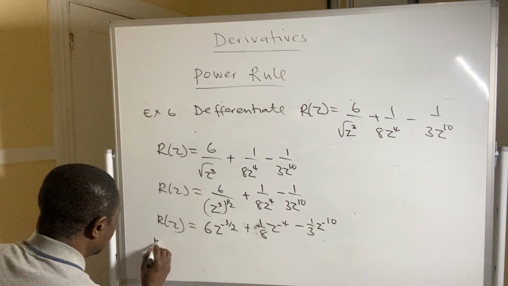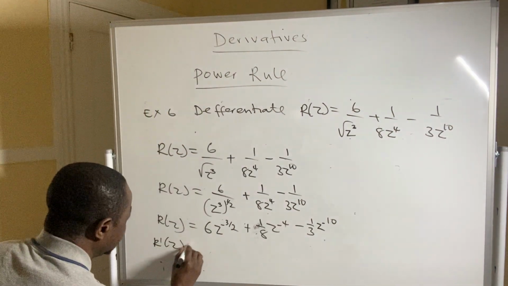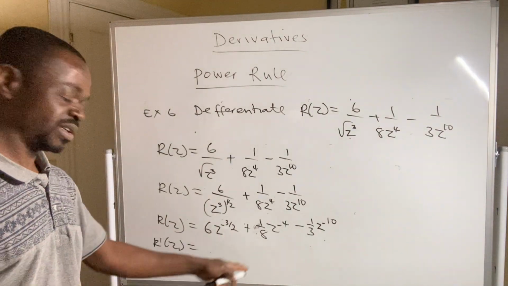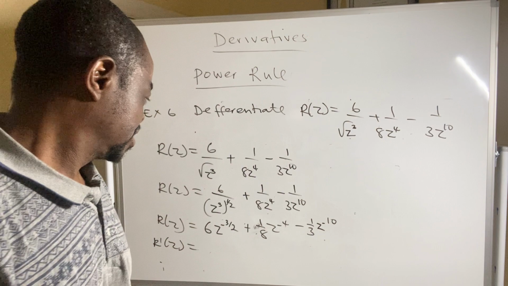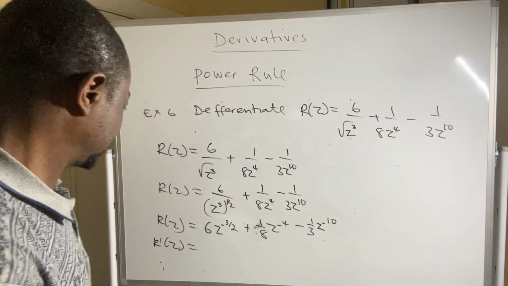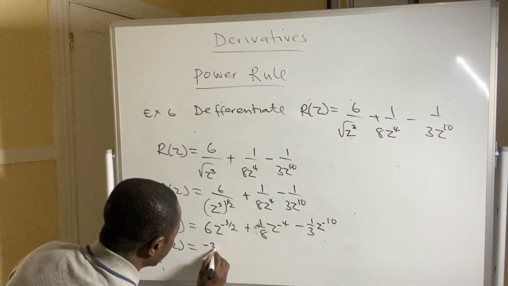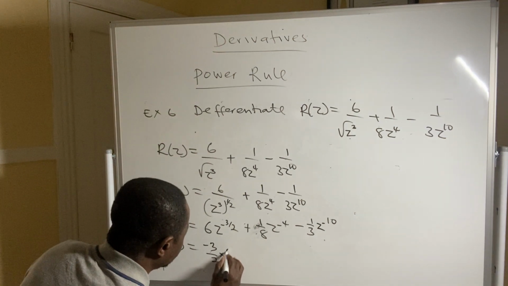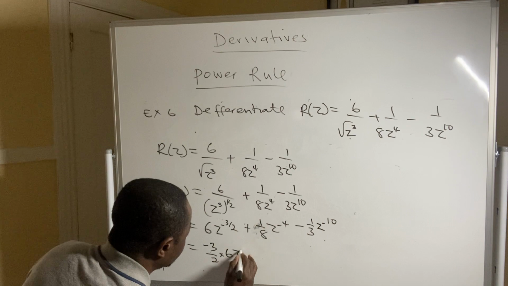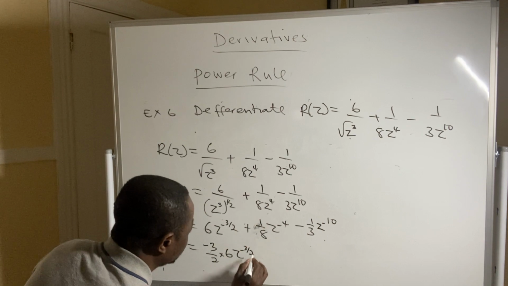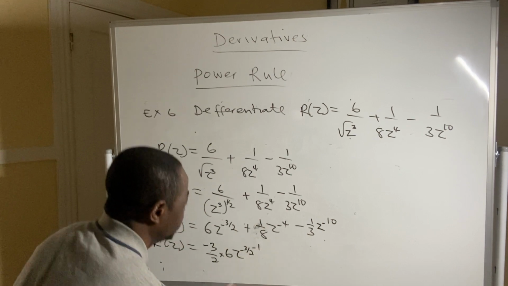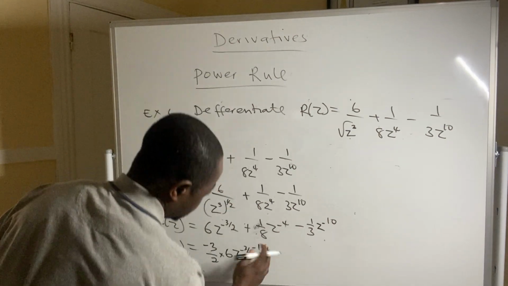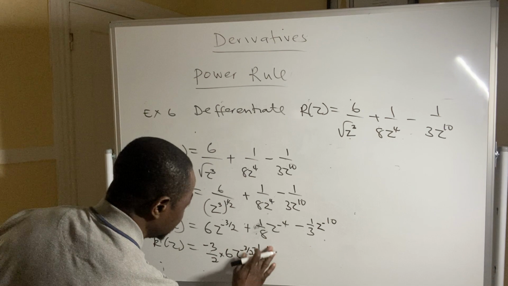So r prime of z is equal to, so you're now bringing the powers to multiply by the coefficients. So minus 3 over 2 multiplied by 6, which is z to the power minus 3 over 2. Then you reduce the power here by 1, minus 1. Then plus, or let's just say, because when you're bringing the power, it's going to be a negative.